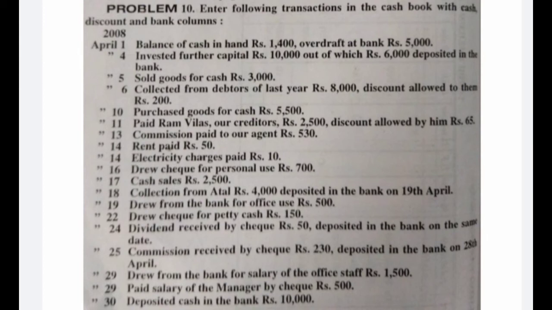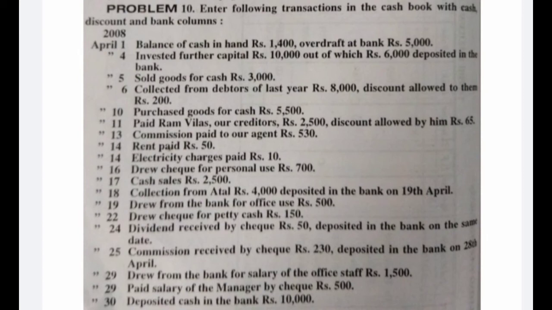So we are depositing on the same date, so the entry would be bank account debit to dividend received account. Dividend received is an income, right? So credit all incomes and gains, and what we are receiving through cheque goes into our bank account. So bank is on the debit side, so debit the bank column by dividend received account 50 rupees.